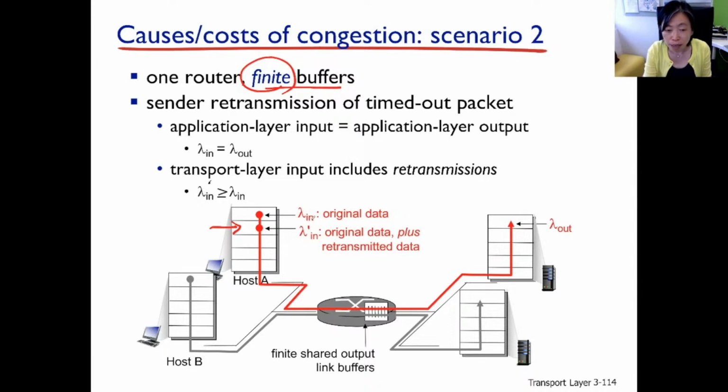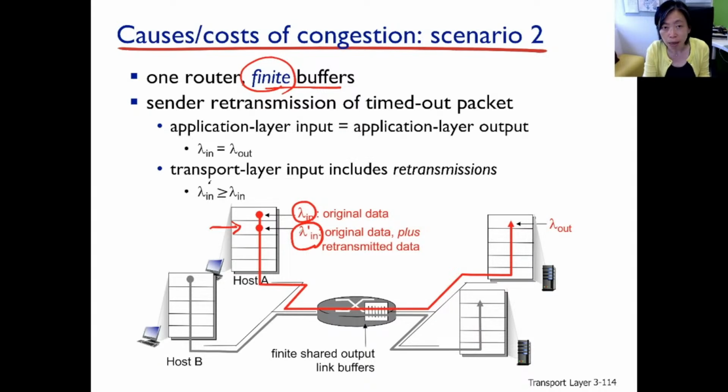So if lambda in is what the application layer generates as data to send out to the network, then lambda in prime denotes the amount of data the transport layer needs to send into the network in order to complete the job.